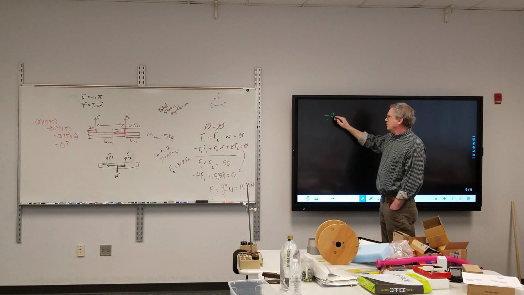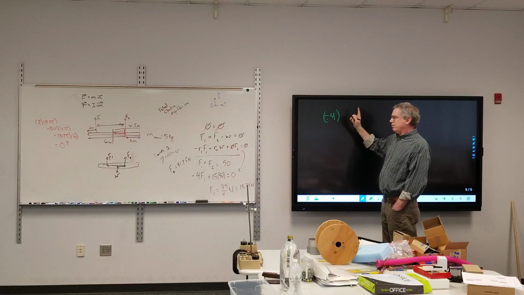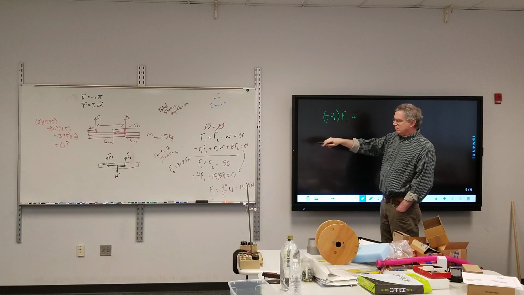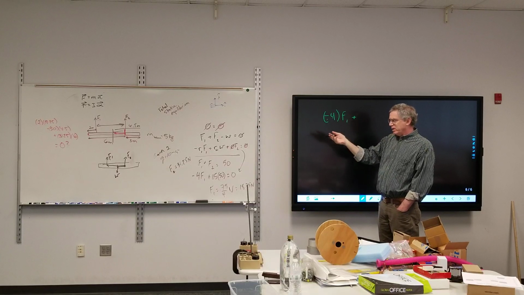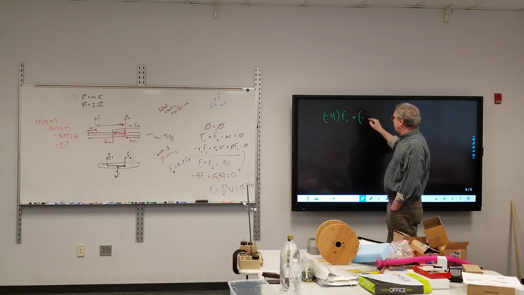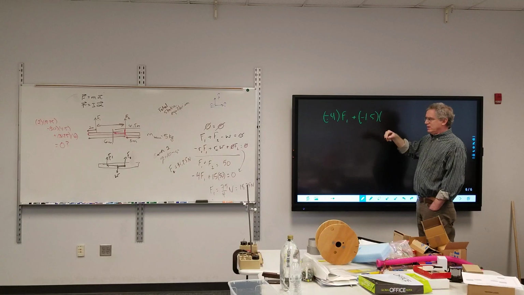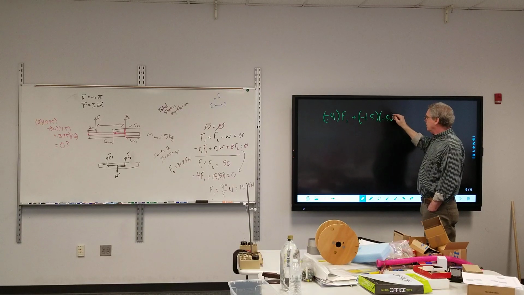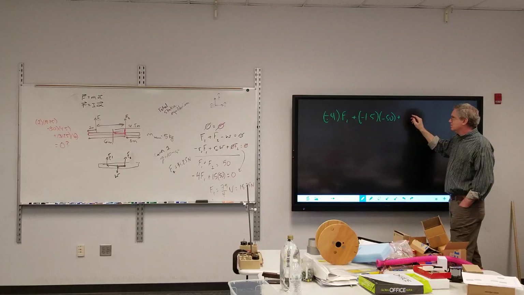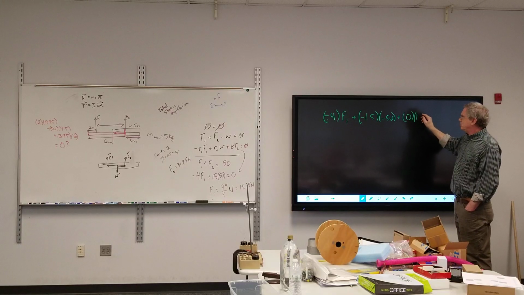So -4. The force is up, so that's positive, F1, plus. Now, the torque from the weight, well, the moment arm is to the left, so -1.5. Weight is down, -50, plus 0 times F2 equals 0.